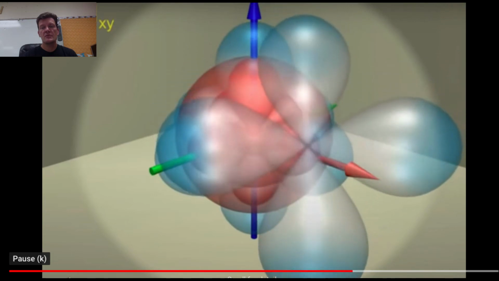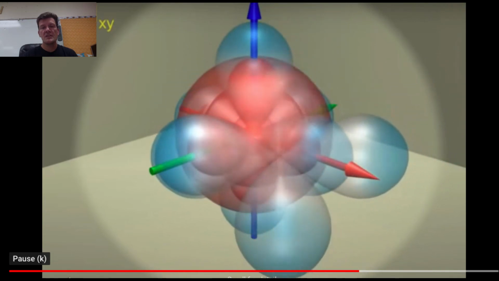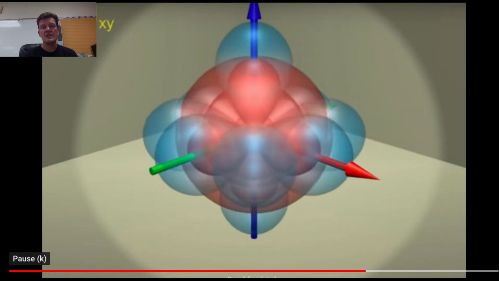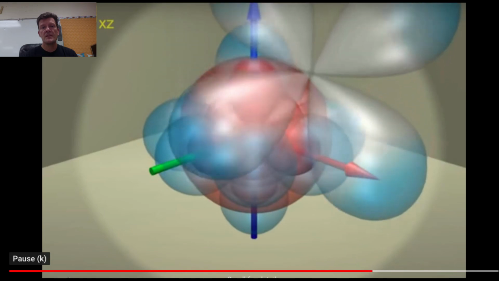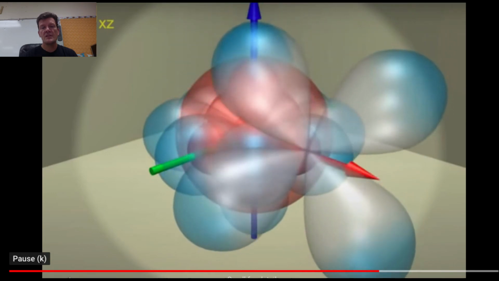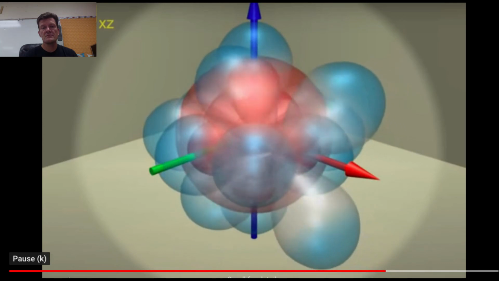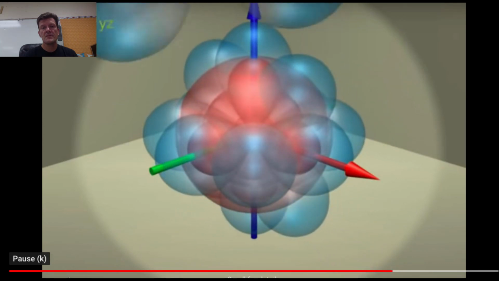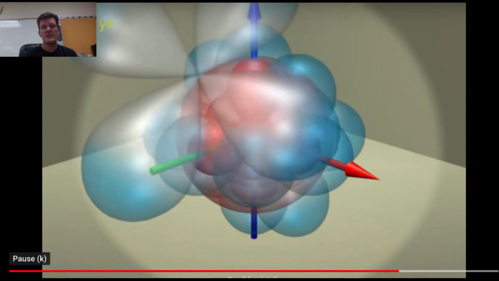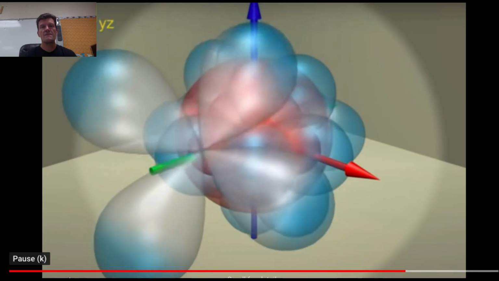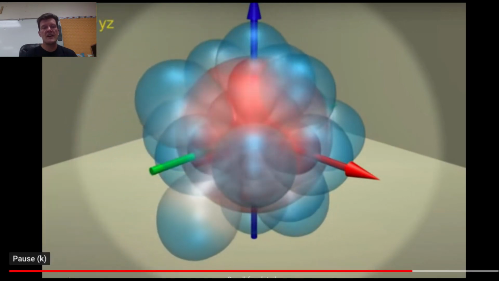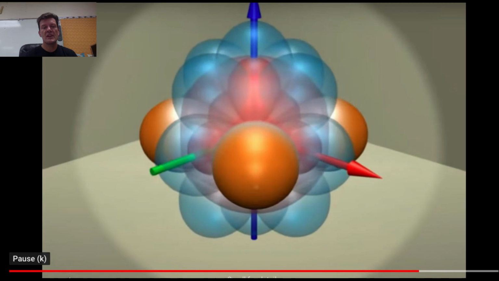There's your third d in the third energy level. Here's your fourth d in the third energy level. And here's your fifth d in the third energy level. 5 d orbitals when you start at the third energy level.